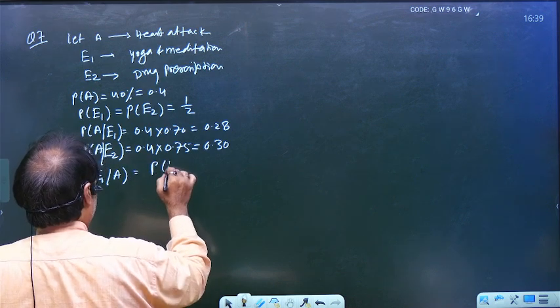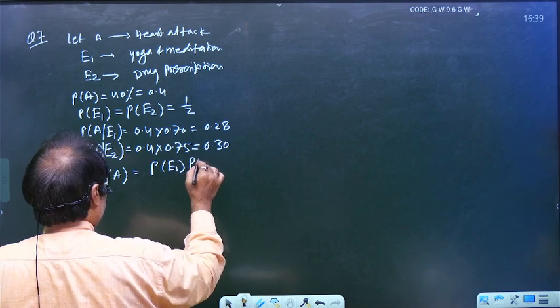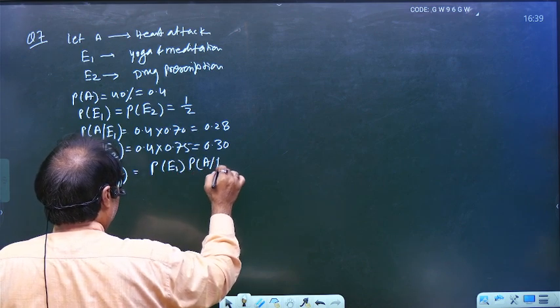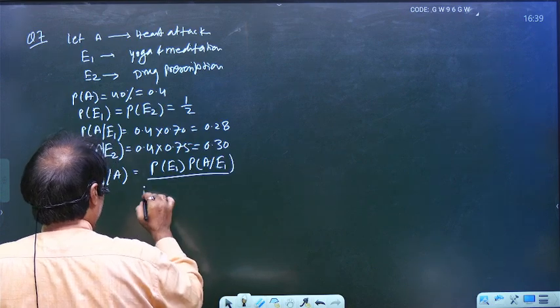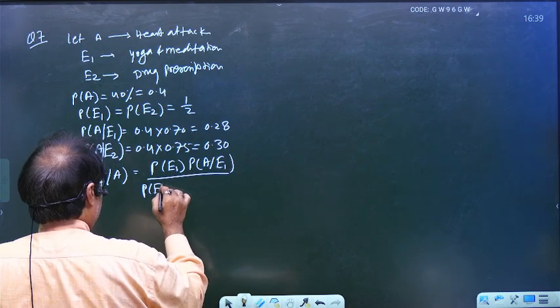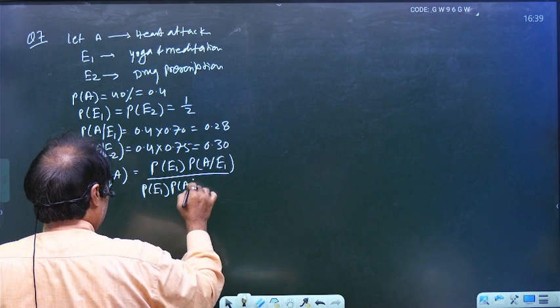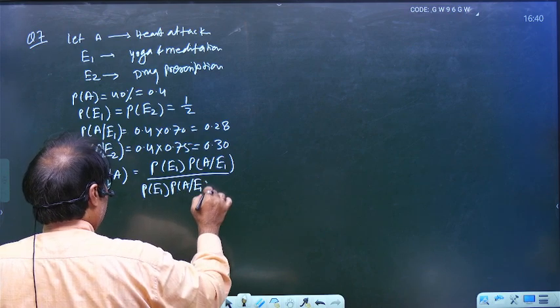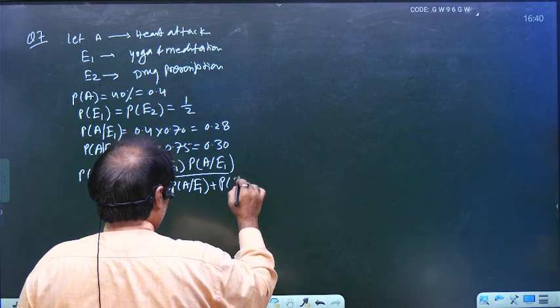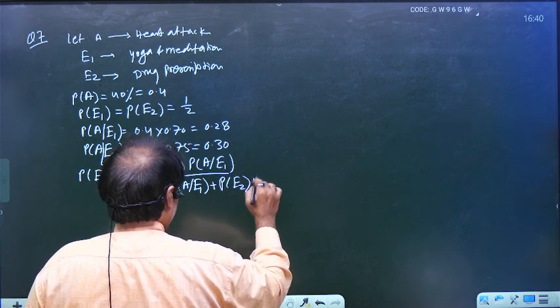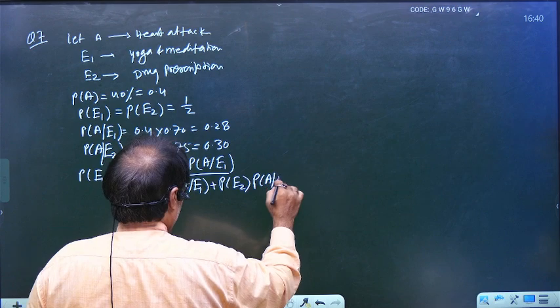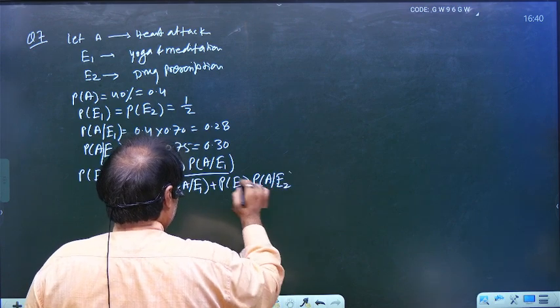Probability of E1 into probability of A given E1, upon probability of E1 into probability of A given E1, plus probability of E2 into probability of A given E2.